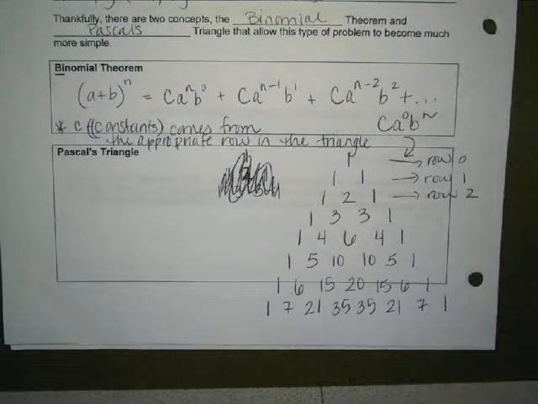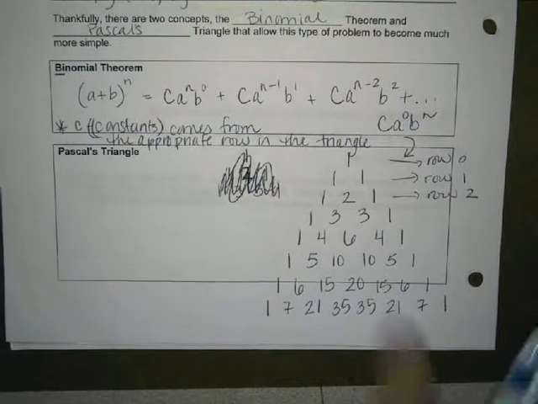Yes. Good. Okay, so that pattern is going to keep happening over and over again. So if we needed row 8, we would be able to get to row 8. I'm not going to give you probably something at row 8. Usually you're going to have to expand something to the cube or to the fourth or to the fifth. Those are the most common ones. But we use these constants. Okay? So go ahead and flip.